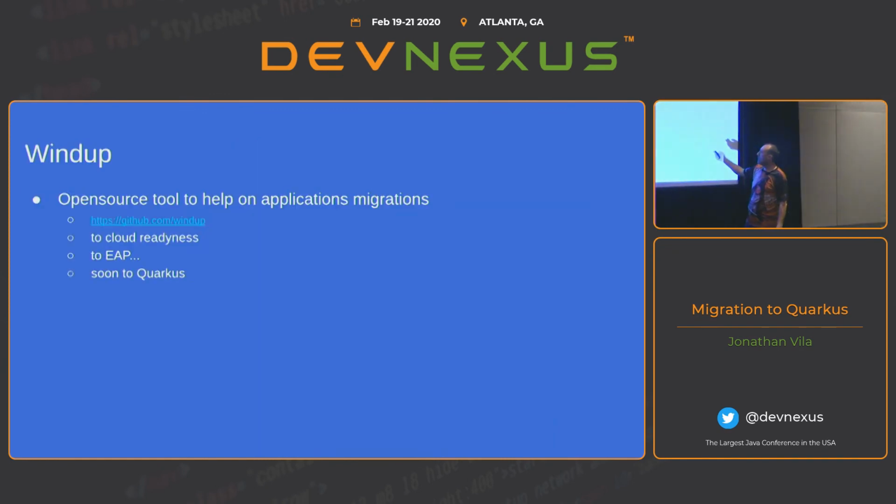Yep. And now I want to show you the project that I'm working on at Red Hat. It is an open source tool that helps to statically analyze applications in order to suggest changes to migrate from A to B. Now it is used to migrate from Camel 2 to Camel 3, and from several application servers to others, and soon we will have rules to analyze your applications and suggest which changes you have to introduce in order to migrate to Quarkus.